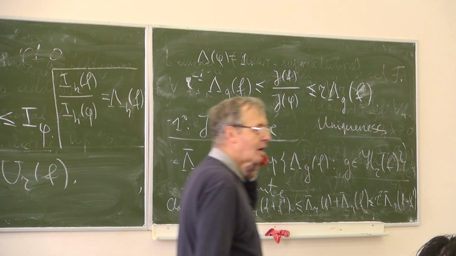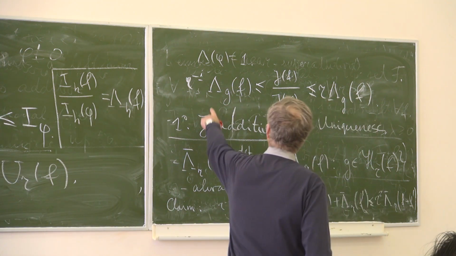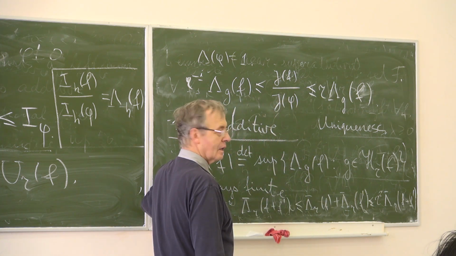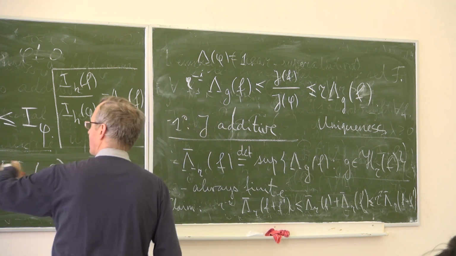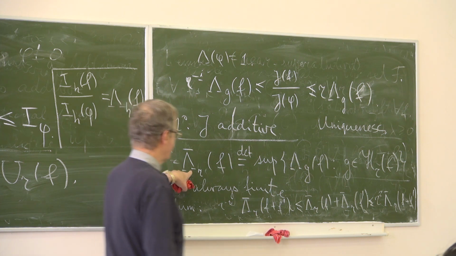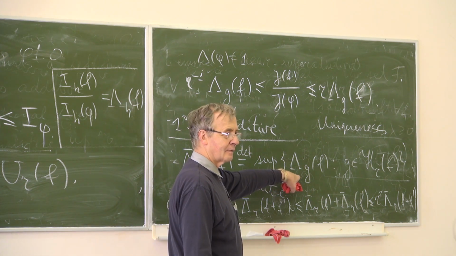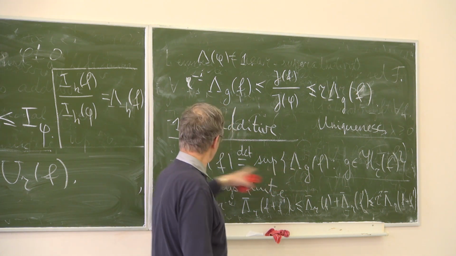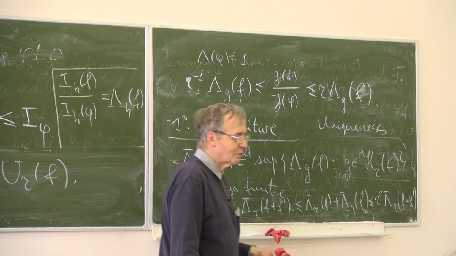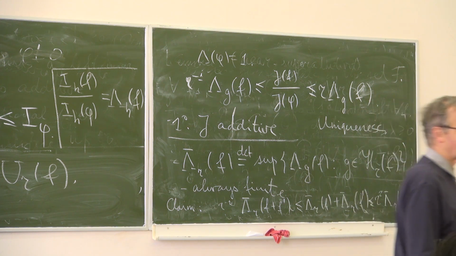Why did you call it lambda bar? Because we take the supremum here. Yeah. So lambda is this one, and lambda bar is something related to lambda, but we take a supremum with this lambda. So this is just a sign to denote this is a different object.